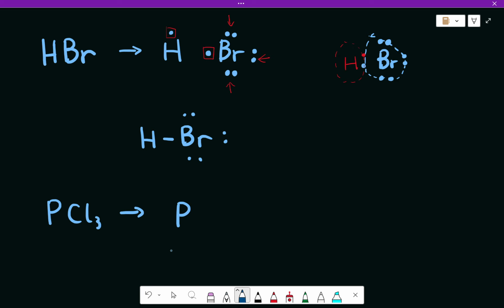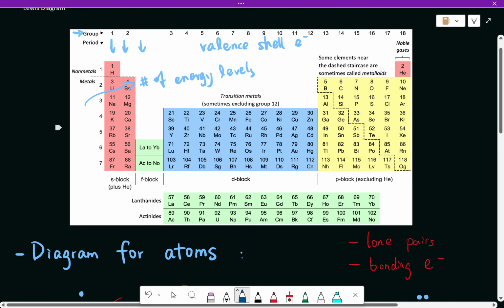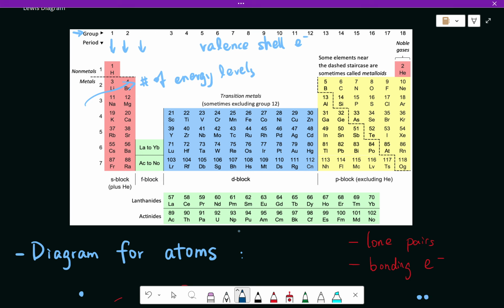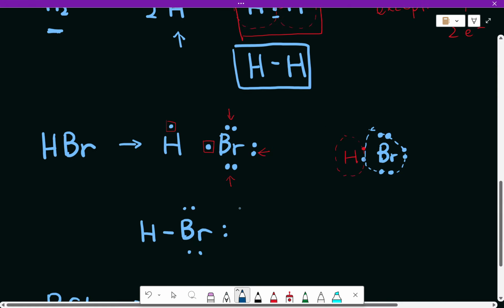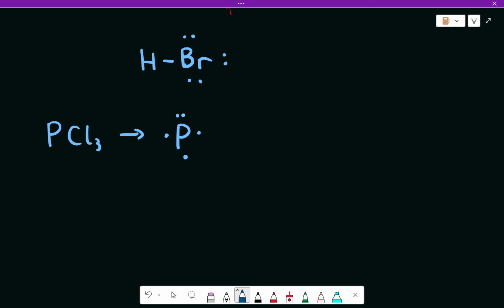So phosphorus is in group 15 right here, which means we'll have 5 valence electrons, and chlorine is a halogen, and it has 7 valence electrons. So we will draw these individual atoms' Lewis diagrams first. So for phosphorus, we will have 5 valence electrons, and for chlorine, we will have 7.